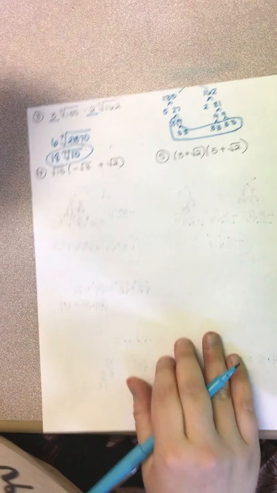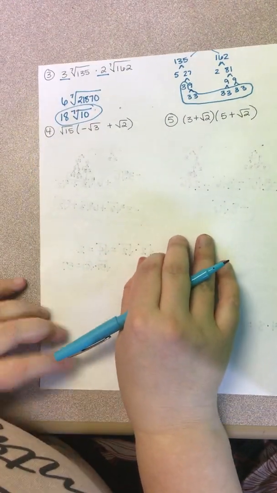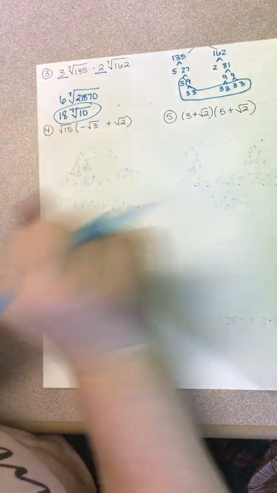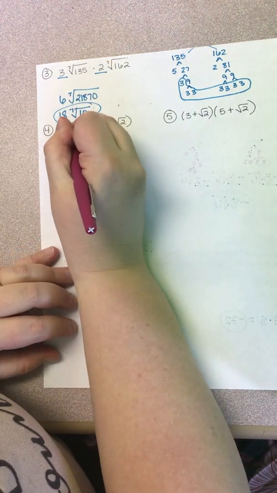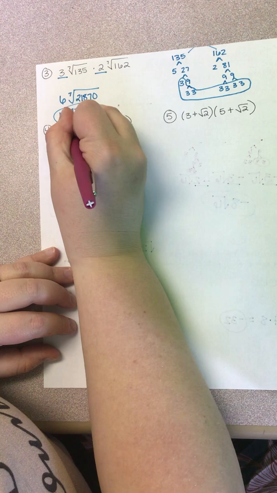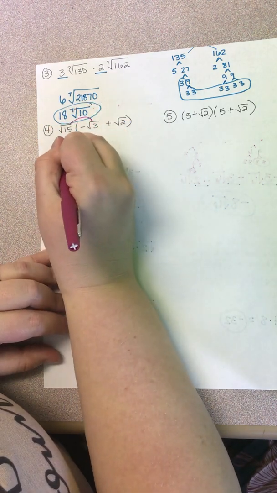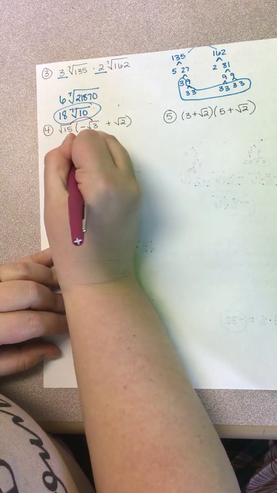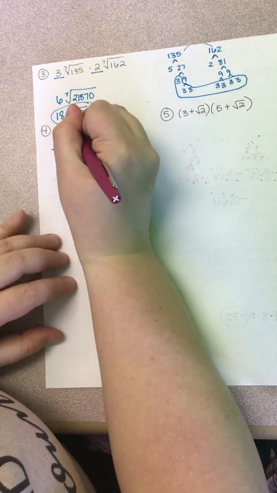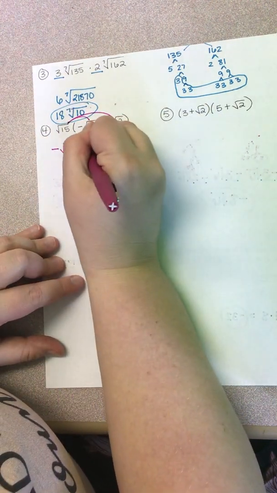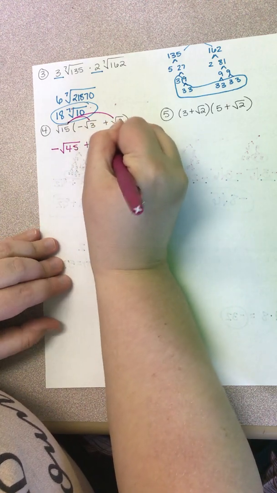I'm going to take that off my desk so it's not there forever. Alright, and then we have multiplication like this. So we just distribute the 15 to both things. 15 times the square root of 3 is the square root of 45 with a negative in the front. And then square root of 15 times 2 is the square root of 30.